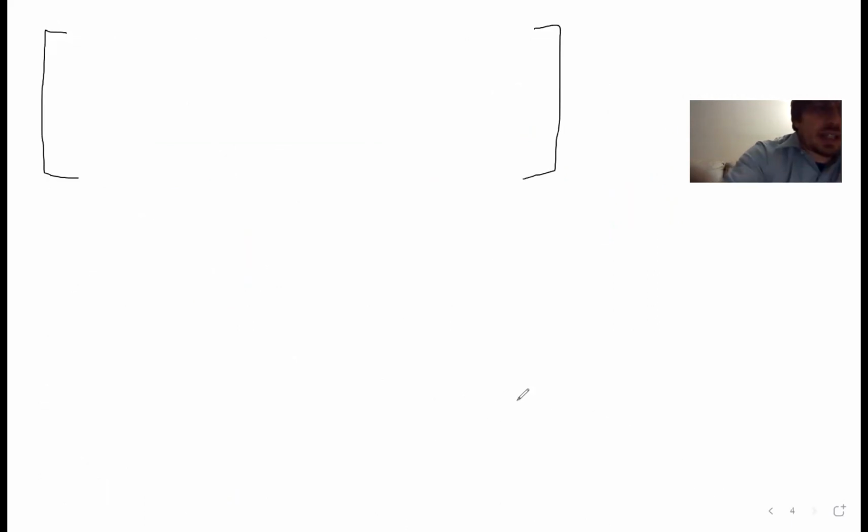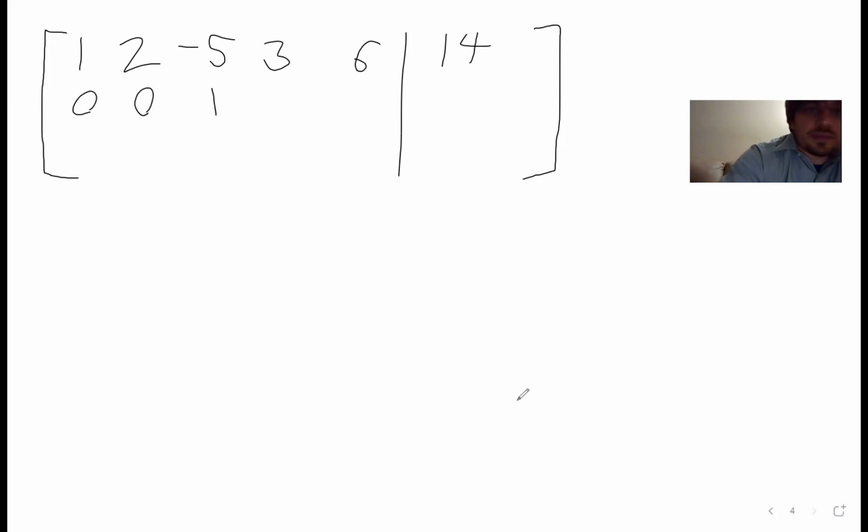Okay, so we get 1, 2, -5, 3, 6, 14, 0, 0, 1, 0, -7/2, -6. These first 2 rows are exactly the same. And then this row is after adding -5 times the second row to the third row, or the topmost row to the lower one, of the submatrix.